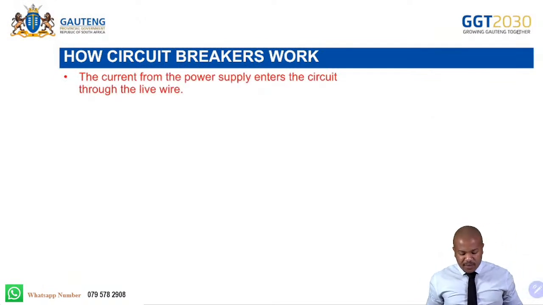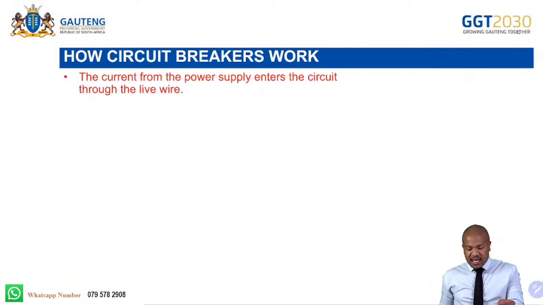This is how it works. The current from the power supply enters the circuit through the live wire. Talking about power supply, we're talking about that mini station in our yards, coming from the substations around the community. The electricity travels from that mini power supply to transfer this electrical energy into our houses.